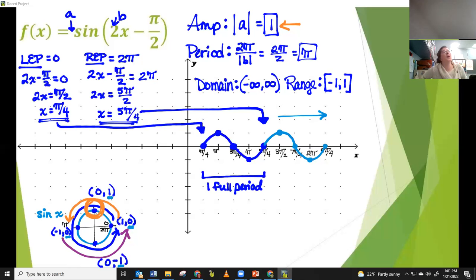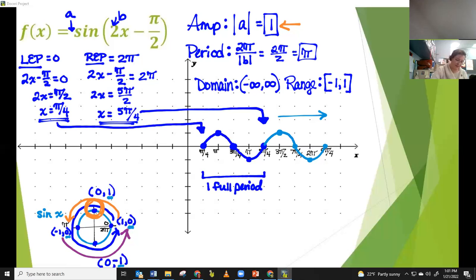All right. I want to do another graph with sine. So we're going to first identify our amplitude and our period, our left endpoint and our right endpoint, and then we're going to set up our x-axis based on that. We're going to graph 2 full periods. I want you guys to take notice of the pattern that sine has. So running right through the middle of my sine wave is the x-axis.